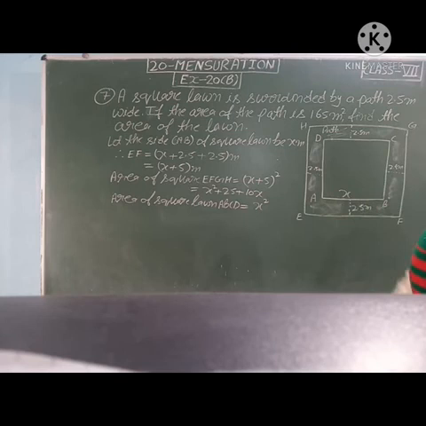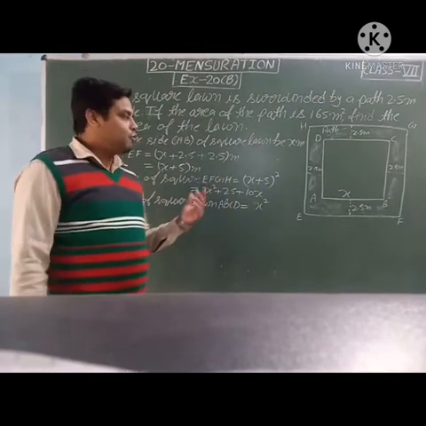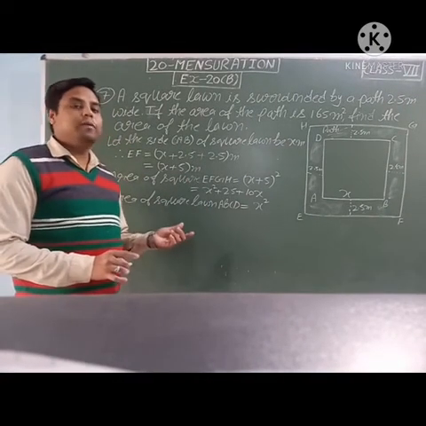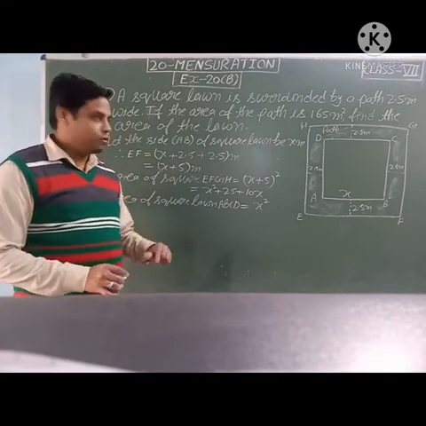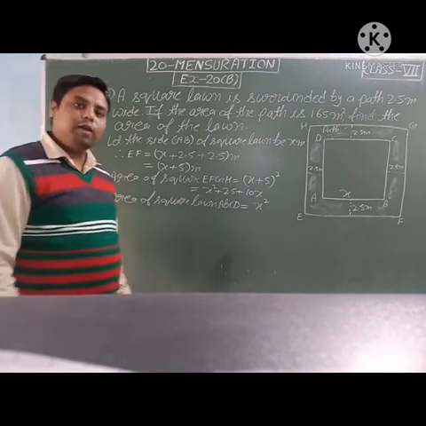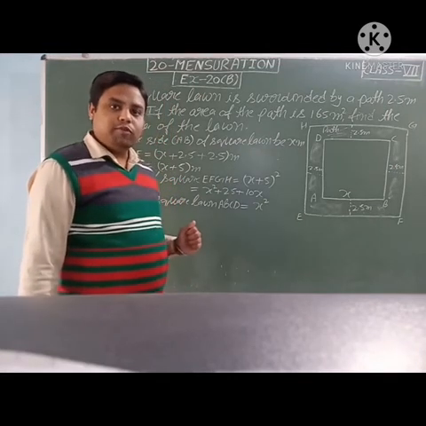So we have area of EFGH in terms of x, area of square ABCD also in terms of x, so we can subtract. That will be the area of path. The area of path is given, that is 165 meter square. We can make it equal. Now we will find the area of path in terms of x.